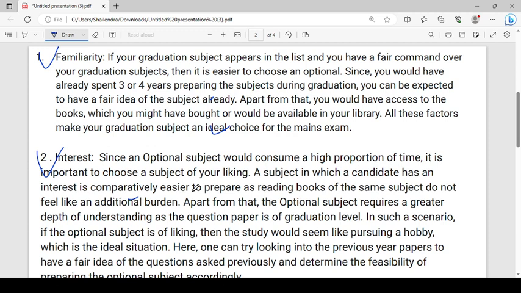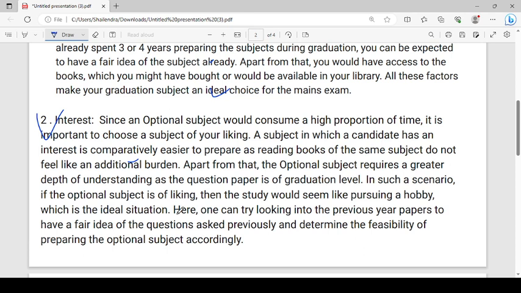Apart from that, the optional subject requires a greater depth of understanding as the question paper is of graduation level. In such a scenario, if the optional subject is of your liking, then the study would seem like pursuing a hobby, which is the ideal situation.